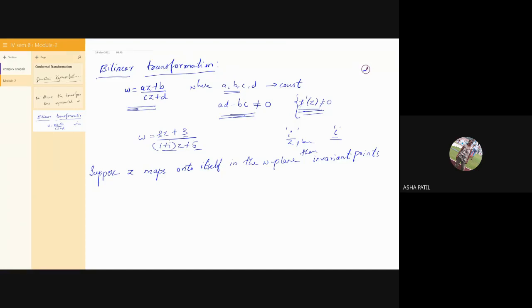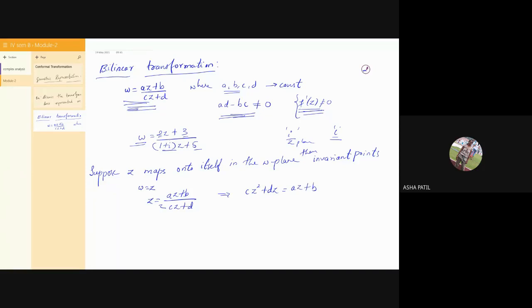So z maps onto itself means w will be equal to again z. So if I put w as z, z will be equal to az plus b divided by cz plus d. If I simplify, cz square plus dz is equal to az plus b.